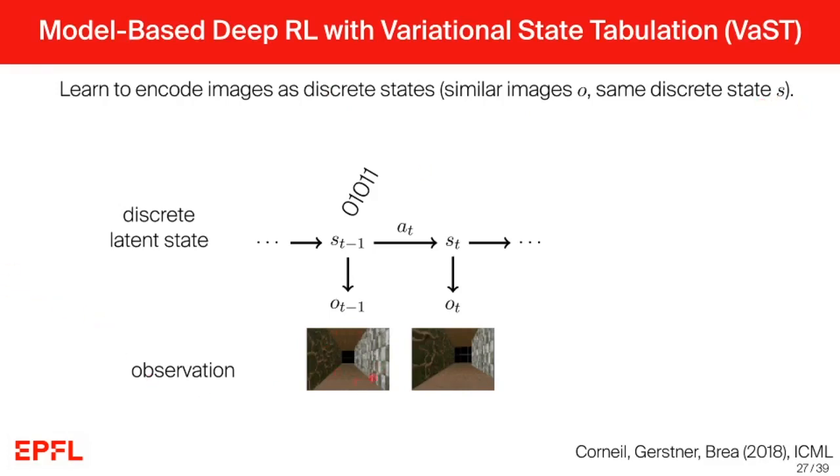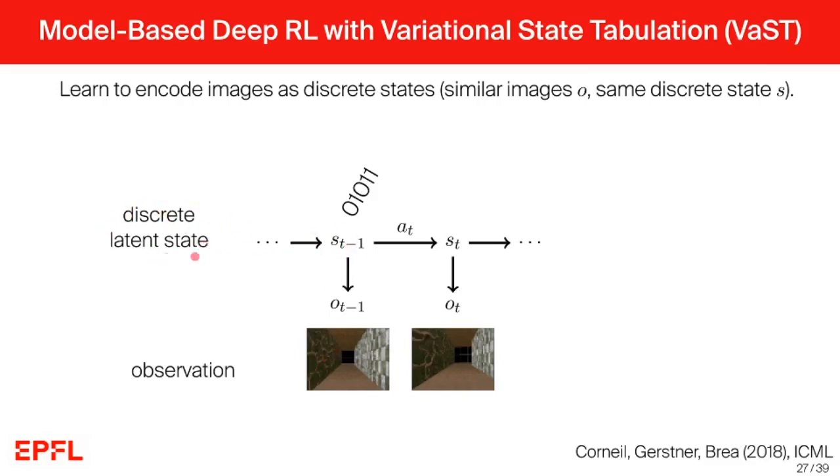So for example, the current observation may be one that is taken at the start of a hallway. Now, this state, being at the beginning of a hallway, can correspond to different observations depending on if you turn a little bit to the left or a little bit to the right, or you move a little bit forward or backward, but still basically being in the state at the beginning of this corridor is one discrete state.